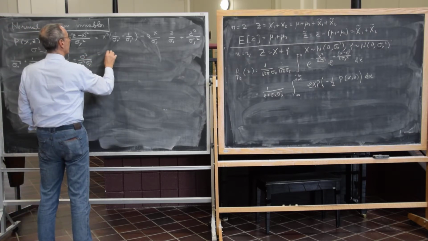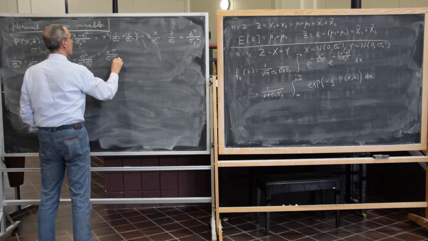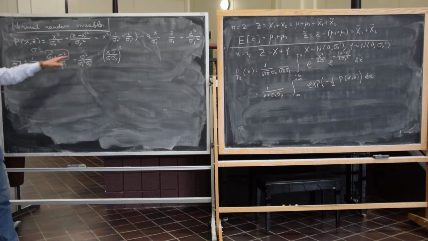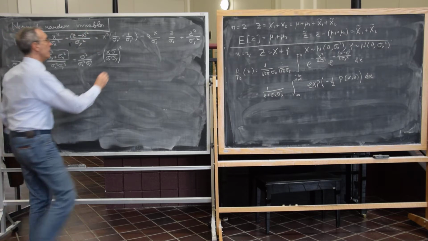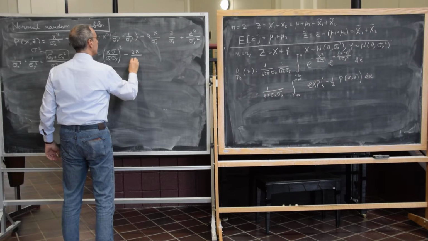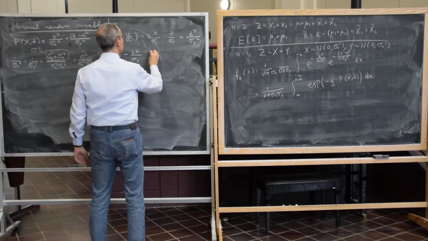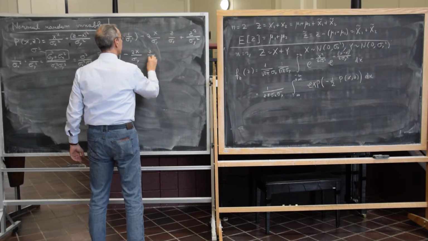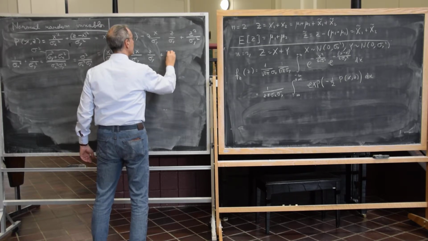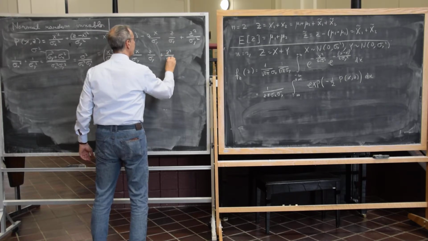It's x sigma divided by sigma x sigma y, squared, because that's sigma squared divided, right? The first piece. Minus 2x divided by sigma y, and there's a z over sigma y. And then you have a plus z squared divided by sigma y squared.